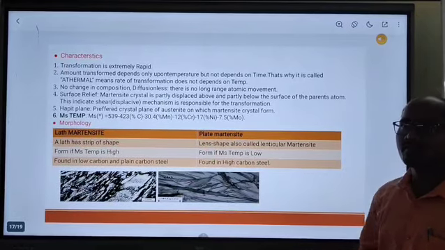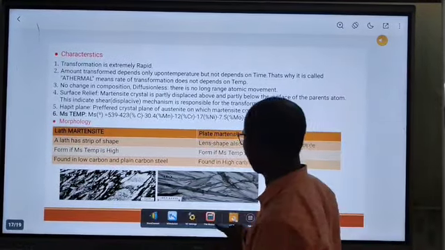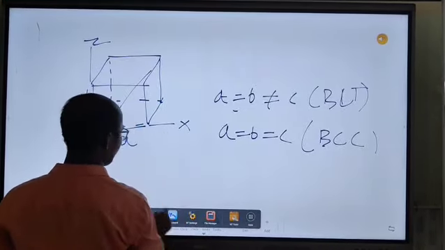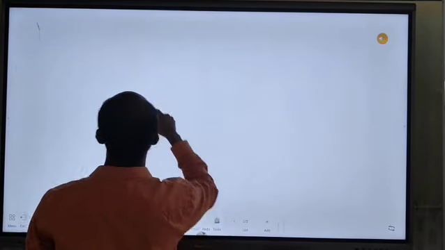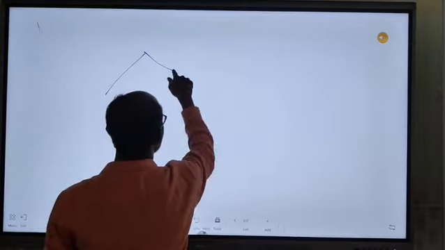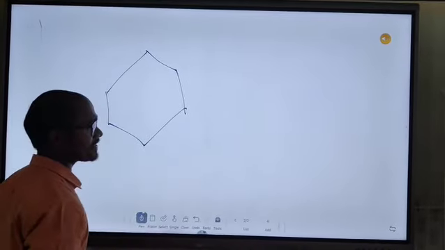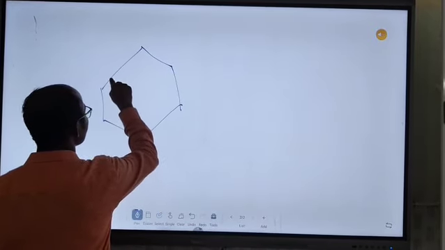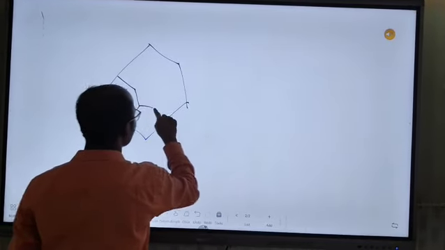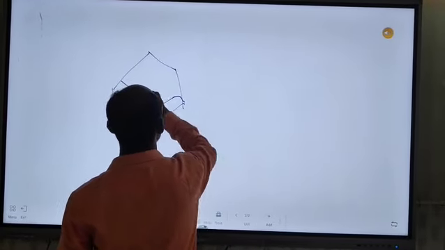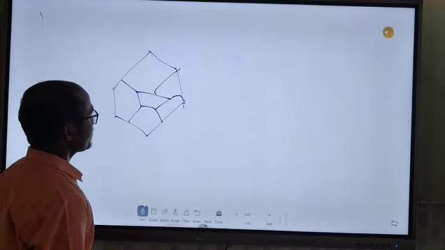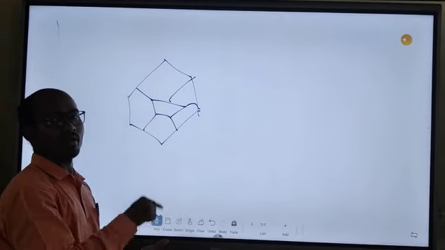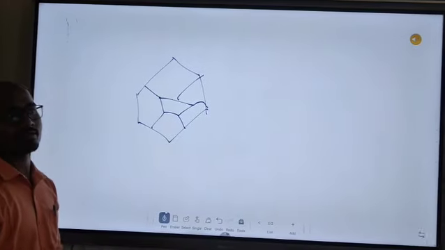If you see the pearlitic transformation we have discussed, suppose these are the given. In the pearlitic transformation there is a lamellar structure. We know that there is a lamellar structure, and what is the composition of pearlite?